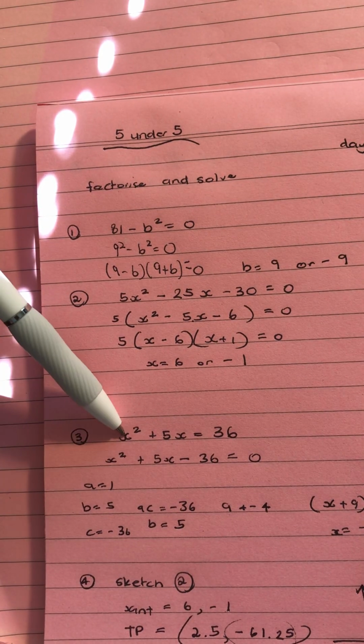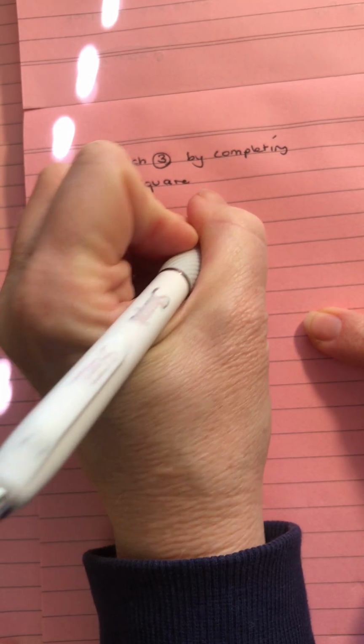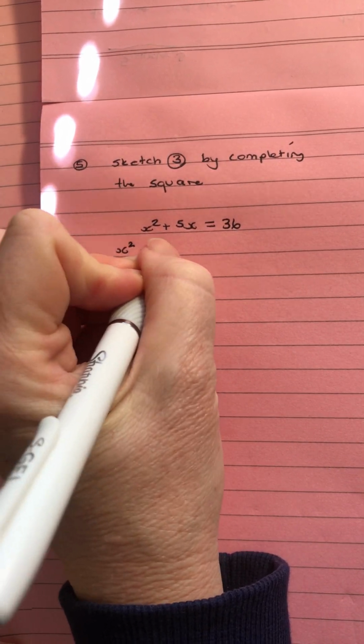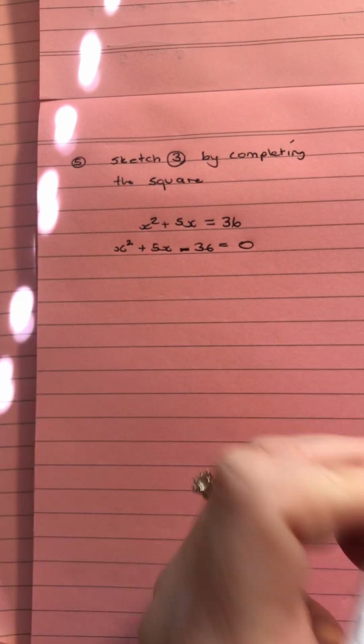Then we go on to our number 3. We want to sketch by completing the square. So our number 3 had x squared plus 5x equals 36. So our first step we did already when we looked at that for solving is we took that 36 over. Now we want to do it this time by completing the square.